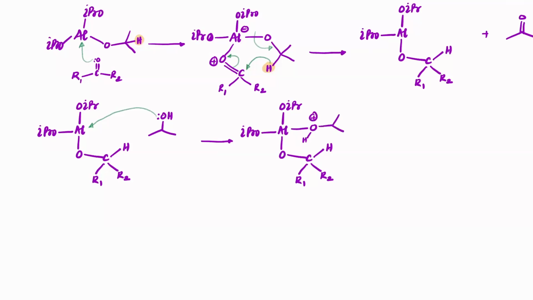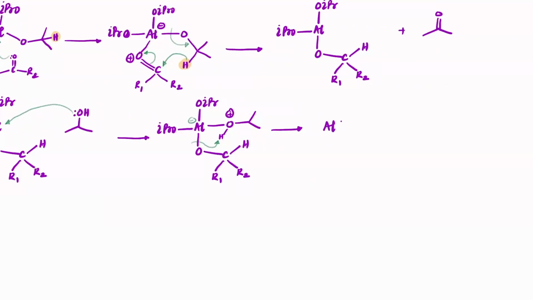So now obviously this oxygen will try to take the H plus from here and convert itself into alcohol. This aluminium has a minus charge on it. So that's how again it will convert into aluminium isopropoxide, and the other side will get R1, R2, with OH and H.